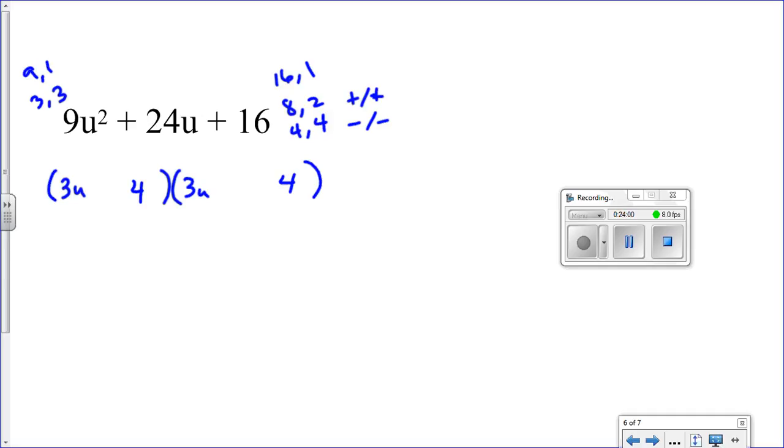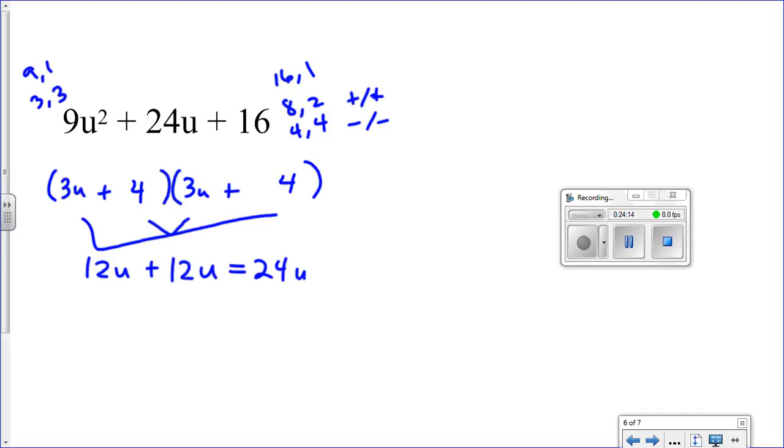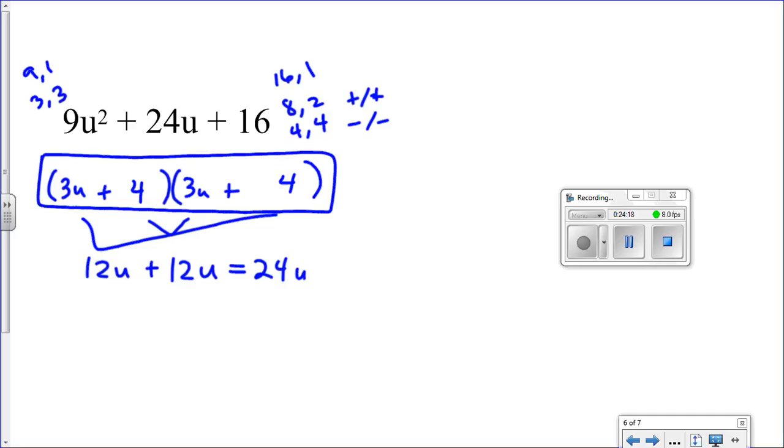Since I'm adding to be a positive, though, I'm going to use my positive signs. Okay, the outer is 12u. The inner is 12u. And that does give me 24u. So this was correct. You could also write that like this, right? Because they're both the same. So I'd accept either way.